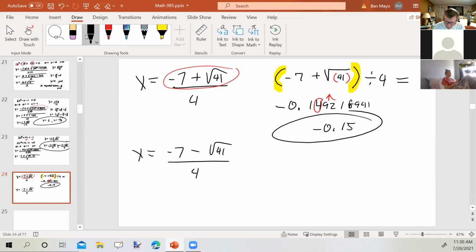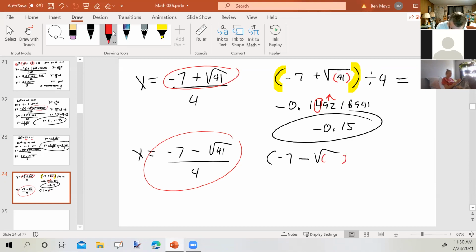So now we're going to go back and we're going to do the same thing, but using this instead. So it's going to be parentheses -7 minus the square root of 41, all divided by 4 equals, and let's see here.